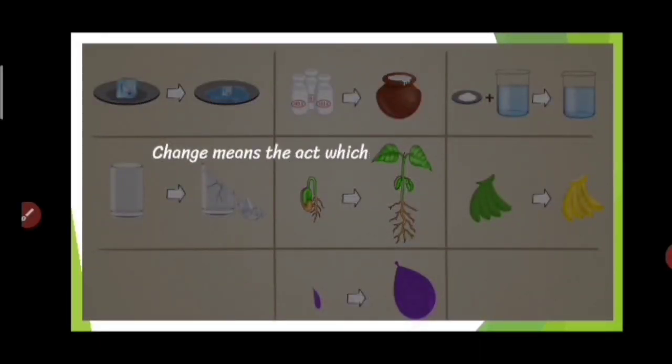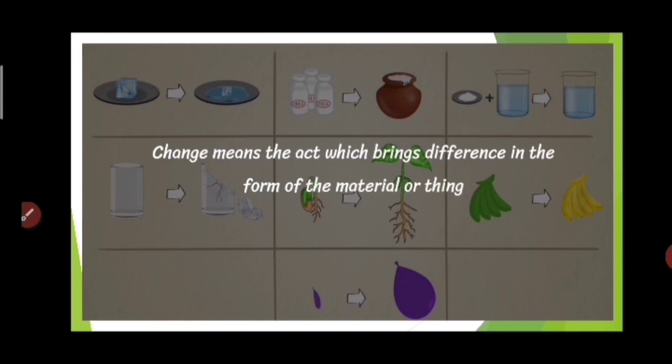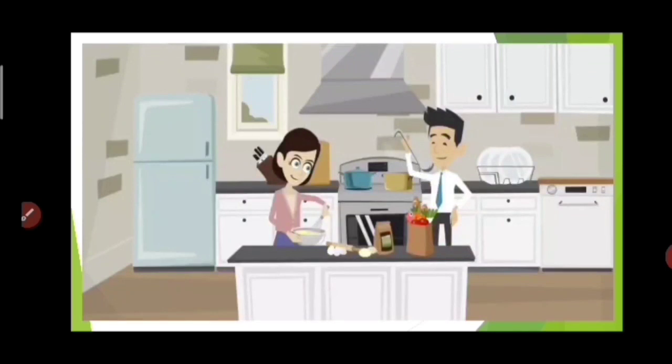Basically, a change means the act which brings difference in the form of the material or thing. Differences take place by themselves or by living organisms. Changes around us are a continuous process, so the transformation of one thing into another is called a change.